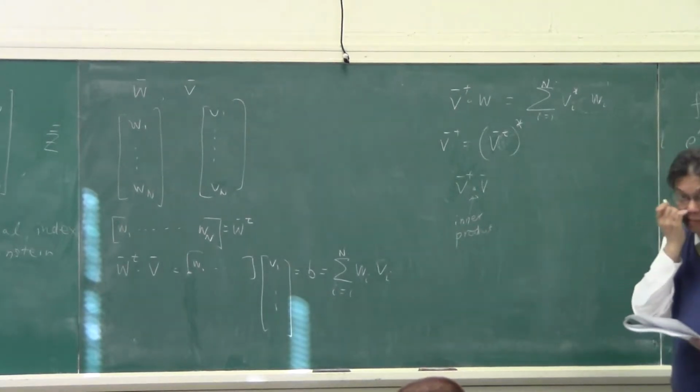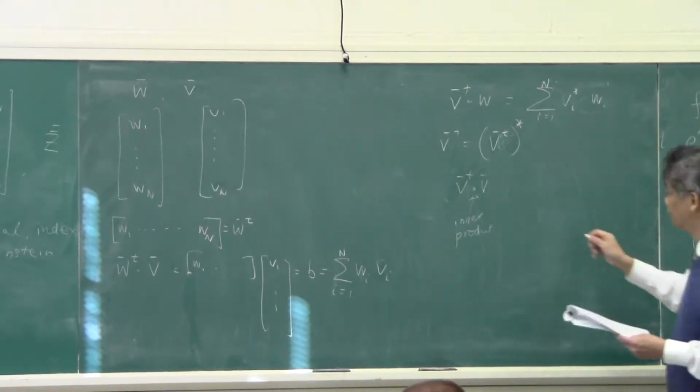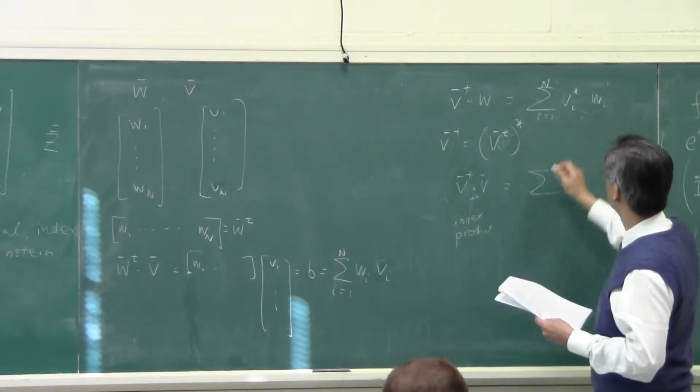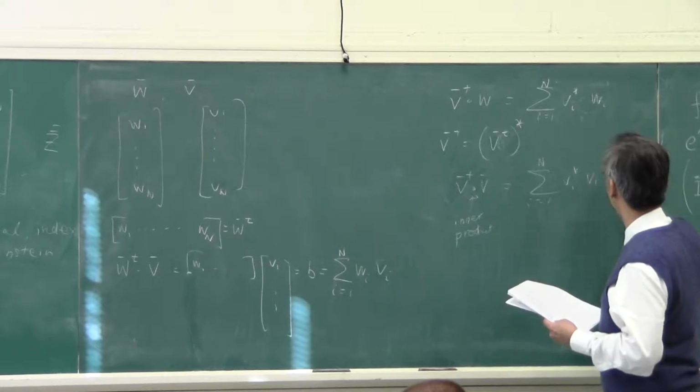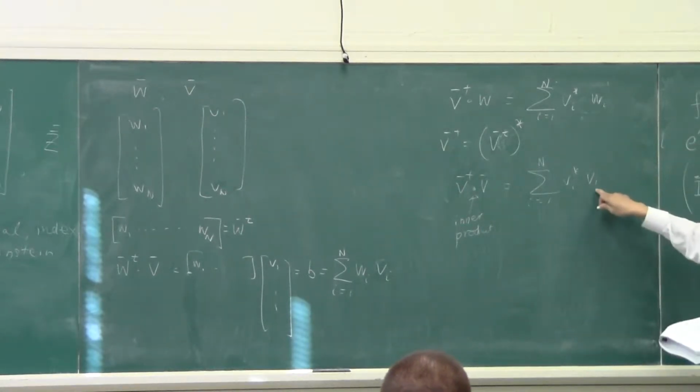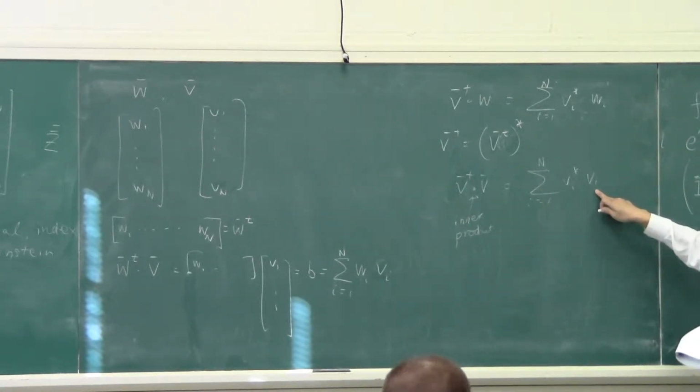If you do an inner product of these two vectors, then using the knowledge that I have written up there, it's equal to that. And V_i conjugate times V_i, what do you know about its special property? It's real. It's always real and it's always positive.